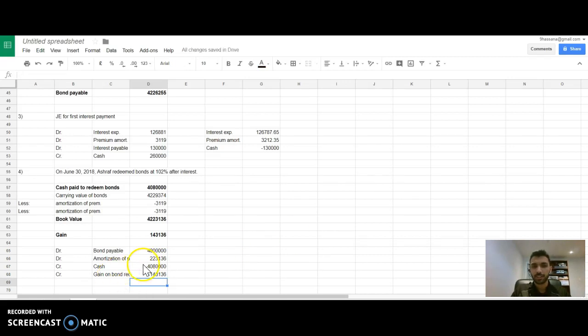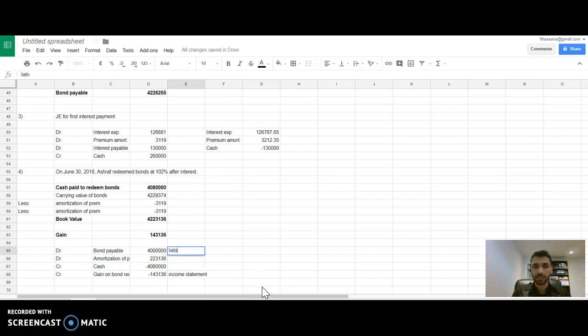So rather than trying to calculate this from scratch, and you absolutely could do that, because you know that your book value is 4,223,136 and your face value is 4 million, if you deduct the two, you're going to get 223,136. It's not always that simple. So if you're showing the working for how you calculated the gain, your gain is going to be a credit, because this is the income statement and gains are a credit on the income statement.